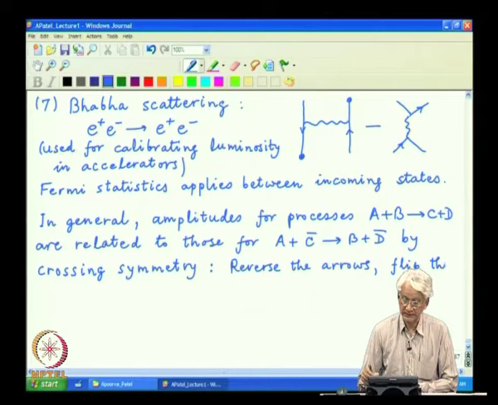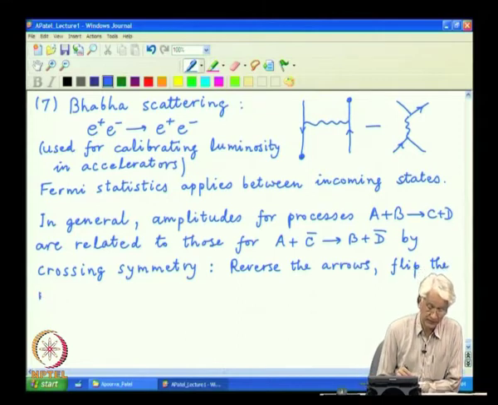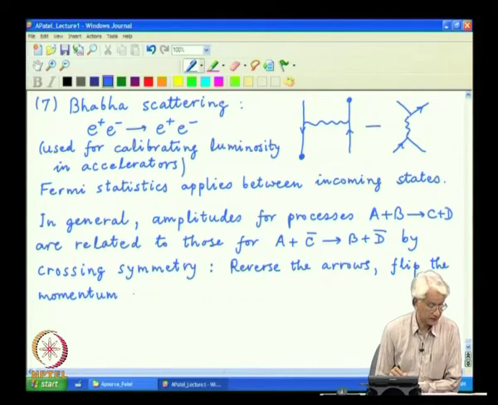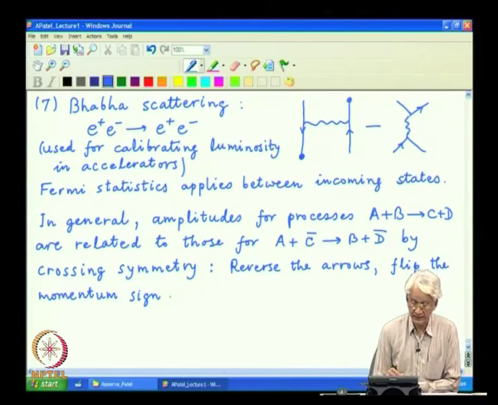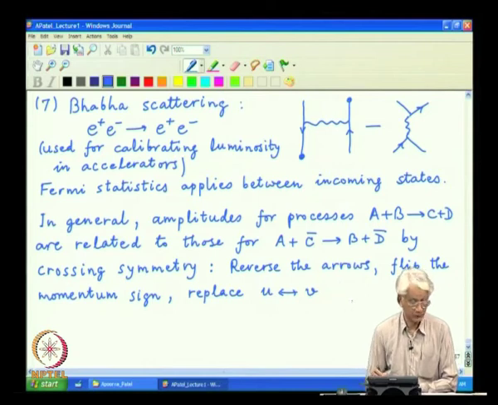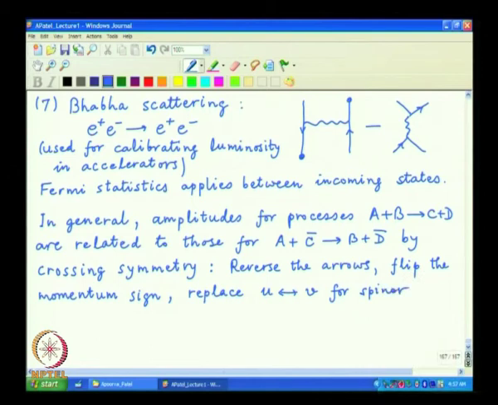For the same objects, flip the signs of momentum, which corresponds to changing from particle description to antiparticle description, and that also requires that when the wave functions are described as u or v, you interchange them as well.